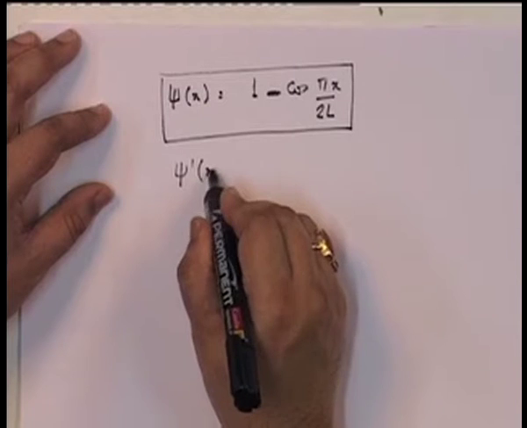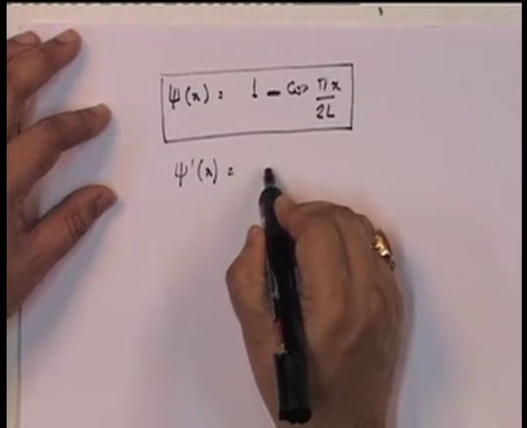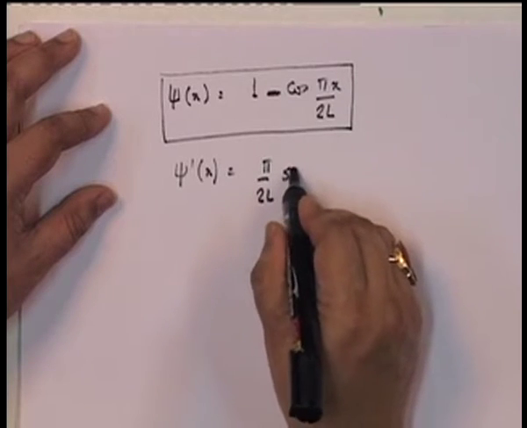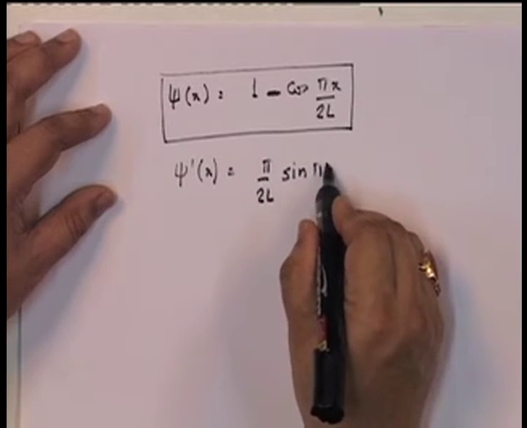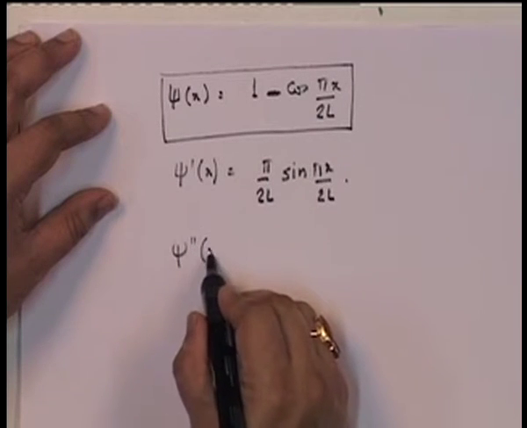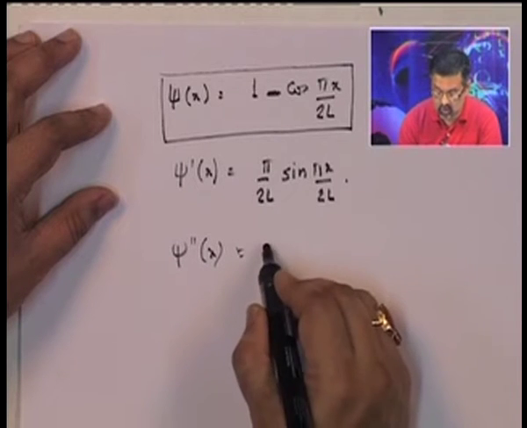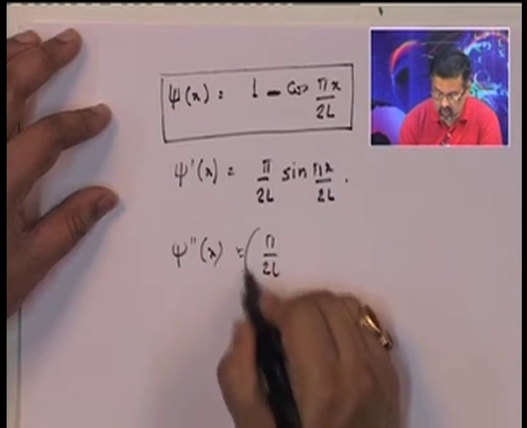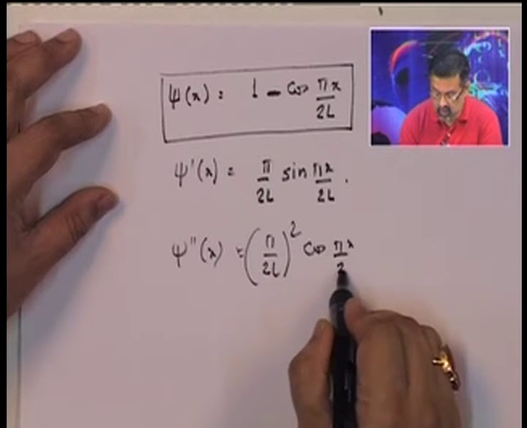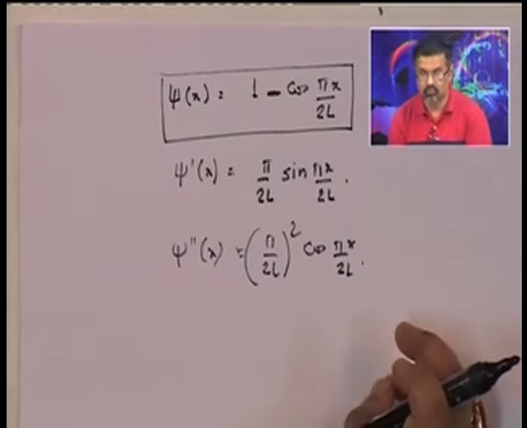Okay. So, let us see, xi prime is equal to pi upon 2L sine pi x by 2L, and xi double prime is equal to pi upon 2L the whole squared cosine pi x upon 2L. Okay.